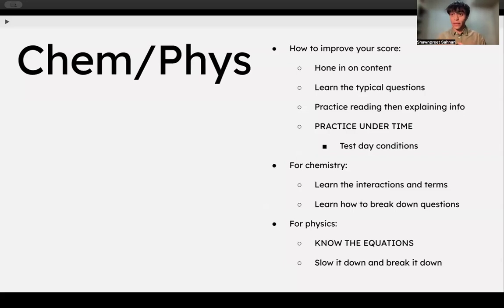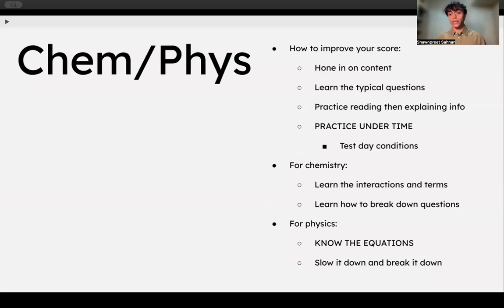You want to know, for example, when nucleophilic attack would happen, what situations are prime for nucleophilic or electrophilic attack, common bases, common acids, strong bases, strong acids, weak of each, what makes a weak acid a weak acid, why is a strong acid a strong acid, how do they interact, what kind of interaction or equation am I looking at, all this kind of stuff. Got to know it back of your hand. It should just be second nature. When you look at this, you're analyzing it. So you really want to learn those interactions and how to break down those questions.